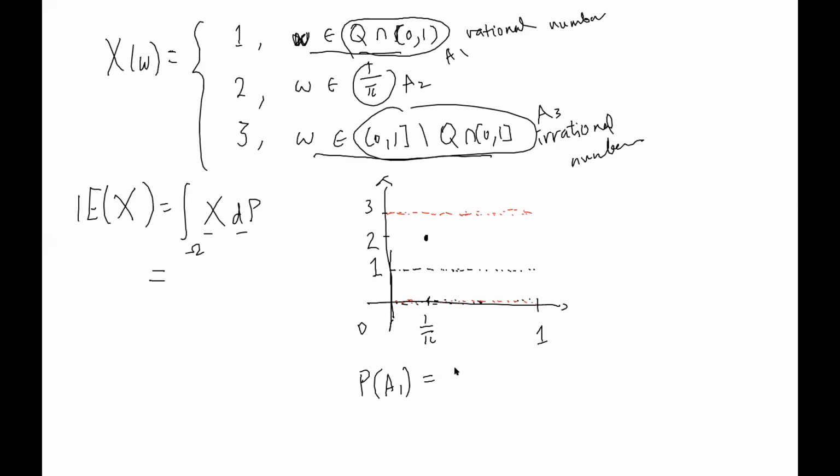Yeah, right. Okay, because it's a countable set, your Lebesgue measure of a countable set in the unit interval is 0. And since this measure is 0, for the Lebesgue integral you're going to multiply with the infimum of this height. Since this is a constant, your infimum is basically just that value. So for the first component here, you're basically multiplying 1 with 0, right? Because the measure for the set A1 is basically 0.